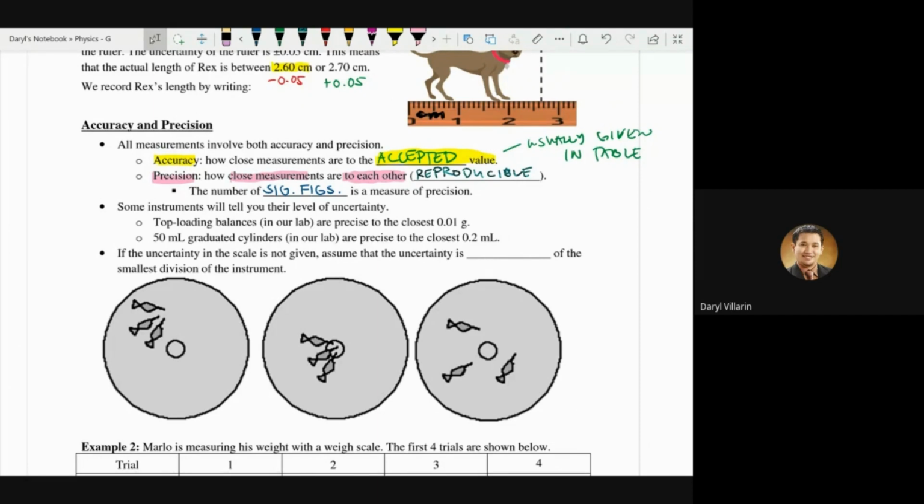If the uncertainty in the scale is not given, assume that the uncertainty is 1/10. So if we are not given a measure of uncertainty, we just divide the smallest scale by 10. So let's say the smallest scale is 0.1 centimeter, and the uncertainty of that instrument is not given. So you just divide 0.1 cm by 10.